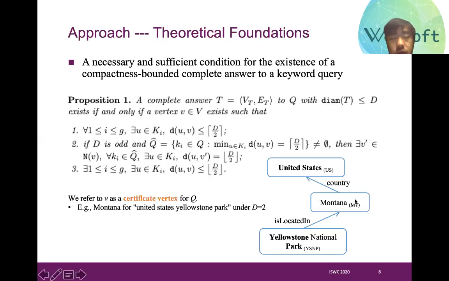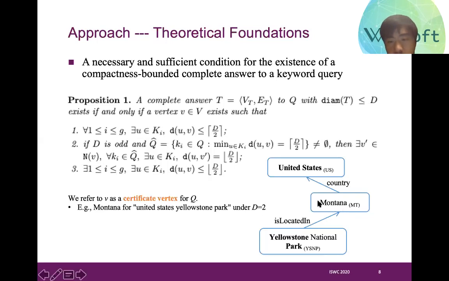The answer is yes. We know this answer not because we actually search for such a subgraph, but because we only need to compute a few distances according to this proposition. The key concept here is a certificate vertex we define here.